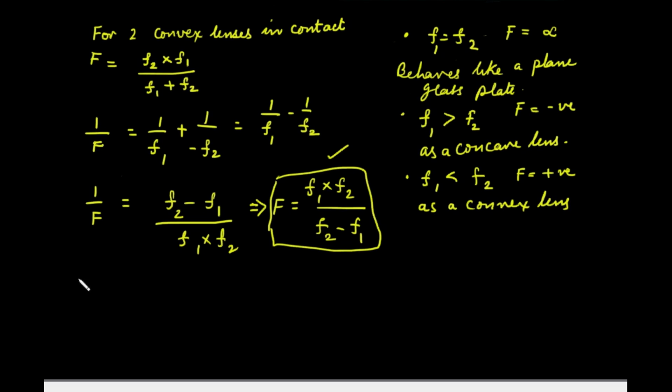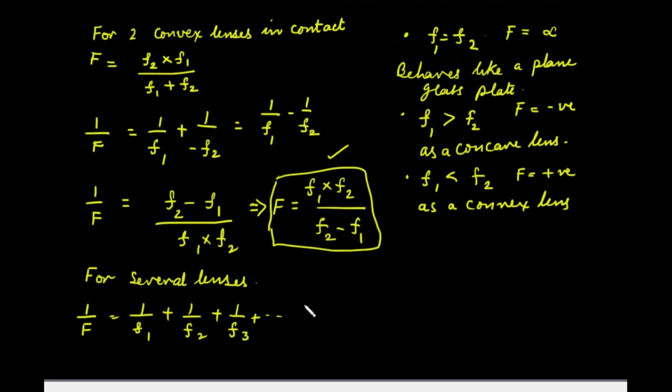Now, let us see several lenses in combination. For several lenses in contact, 1 by F is equal to 1 by F1 plus 1 by F2 plus 1 by F3 plus so on. For magnification, each lens will have its own magnification.